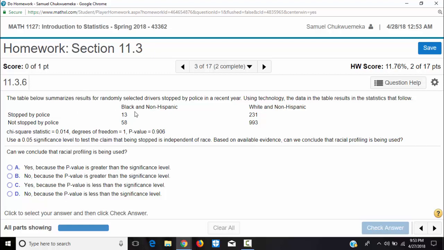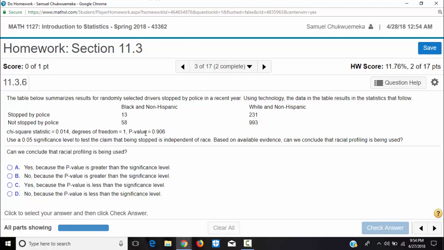These are the results of the use of technology. You had data, you used technology to run some tests, and these are the results. Use a 5% significance level to test the claim that being stopped is independent of race. Based on available evidence, can we conclude that racial profiling is being used?